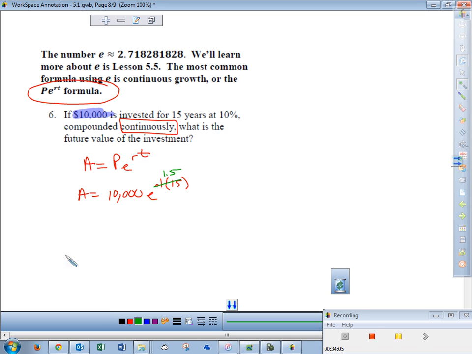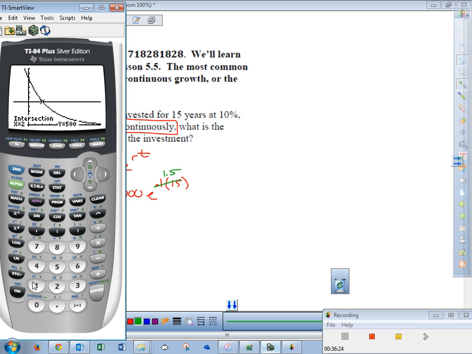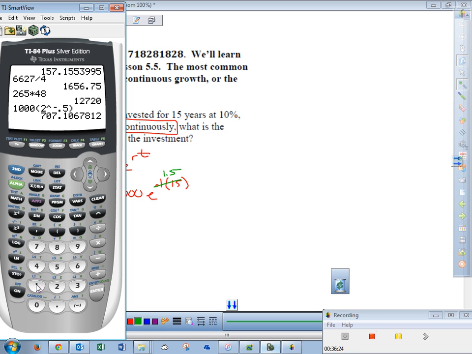Then just punch this guy in from left to right. 10,000 times E. E is above your natural log button right here. E to the, it already raises it to an exponent for you, to the 1.5. Close it up. And round that to money.